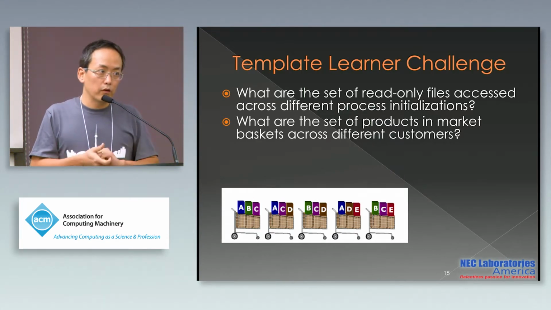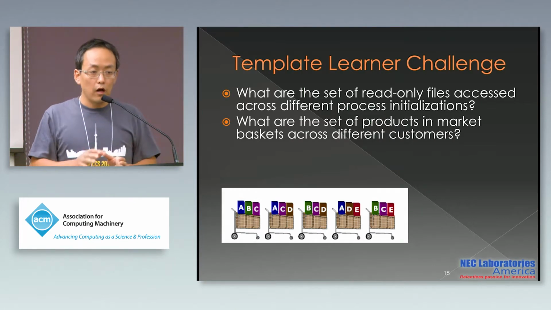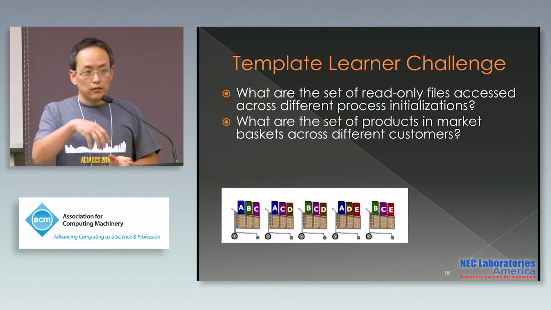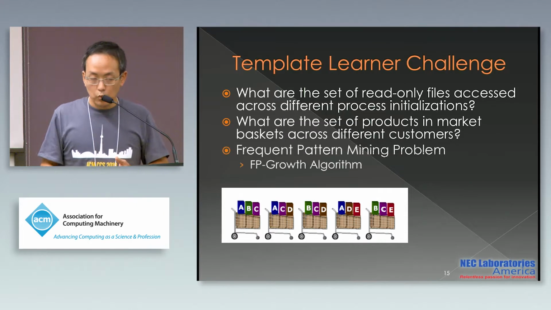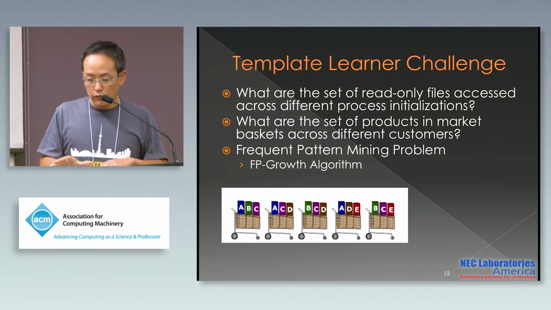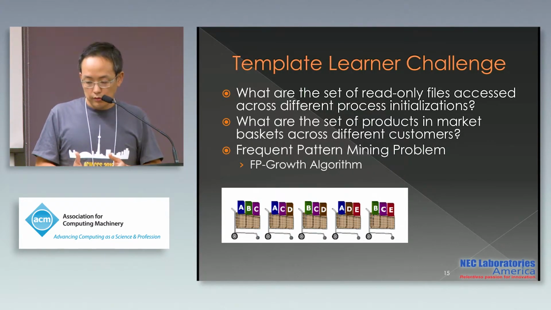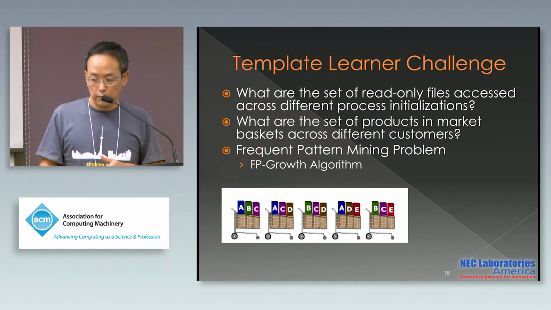This is a well-formulated marketing problem because they also want to know about the customer who buys A and also buys B or C. So we want to reduce and transform this problem into this well-formulated frequent pattern mining problem. The algorithm of our choice is the FP-growth algorithm, which is a state-of-the-art solution in this domain.